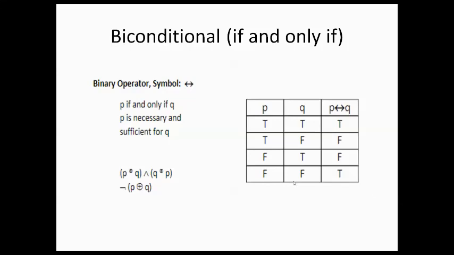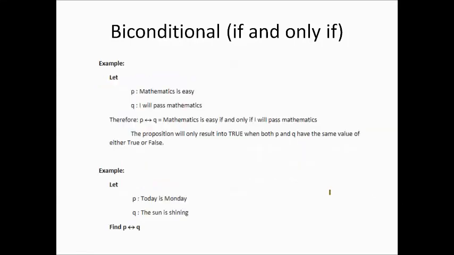So, for example, P: mathematics is easy, Q: I will pass mathematics. Therefore, mathematics is easy if and only if I will pass mathematics. So again, we use the if and only if for the biconditional.